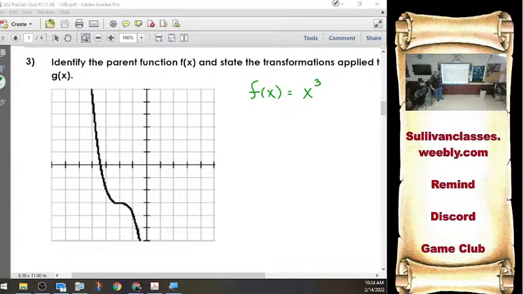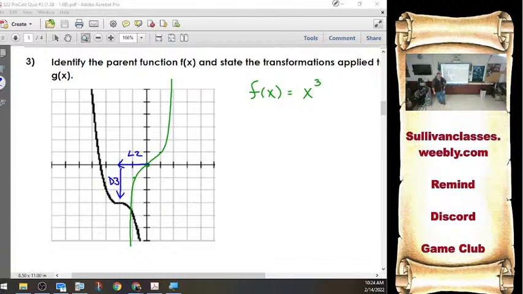That's my parent function. Normally, the parent function of a cubic looks like this instead. So, I moved that thing left 2, down 3.